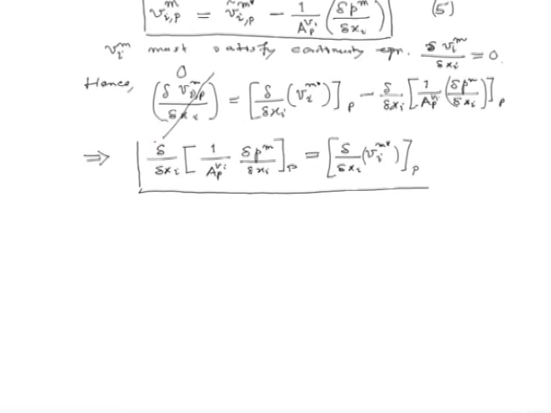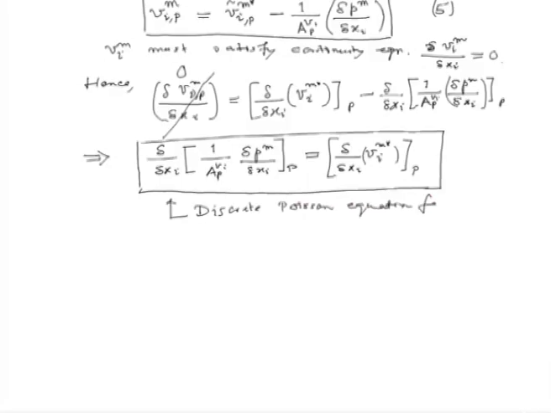So, this is our pressure Poisson equation. This is the discrete Poisson equation for pressure P M.